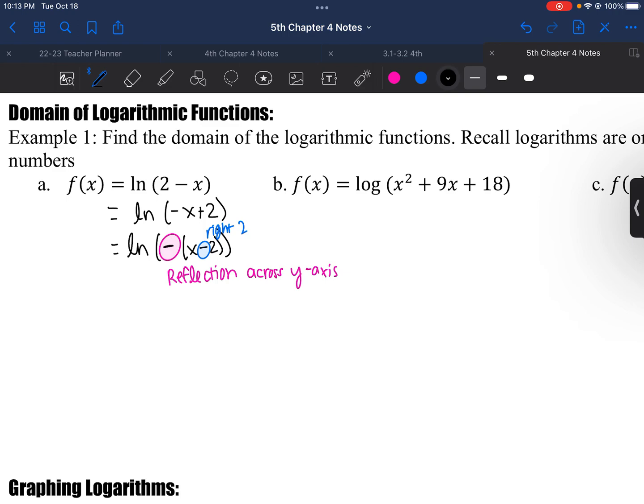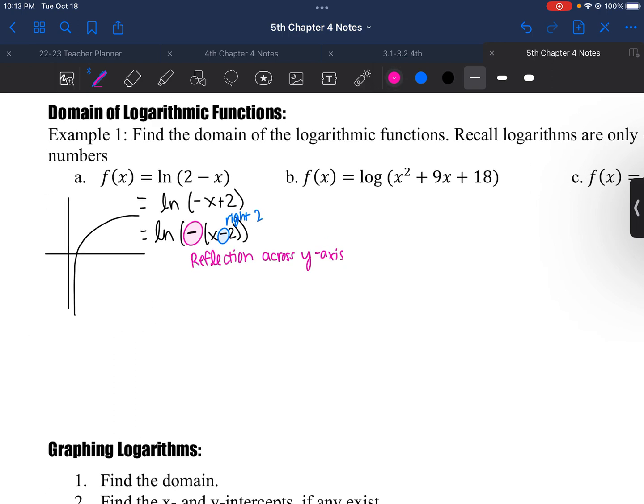If you're thinking about the graph, this is what the graph normally looks like. So if we're going to go across the y-axis, then it's going to look something like this. And then if we shift it right 2, it's going to end up more like this.